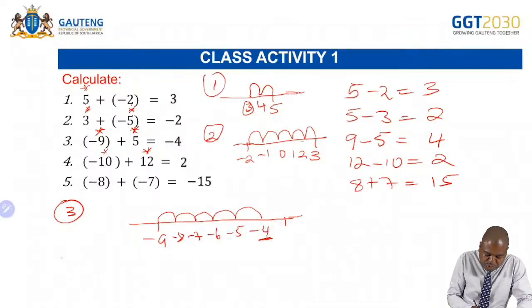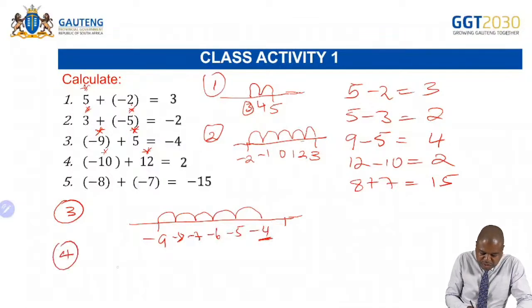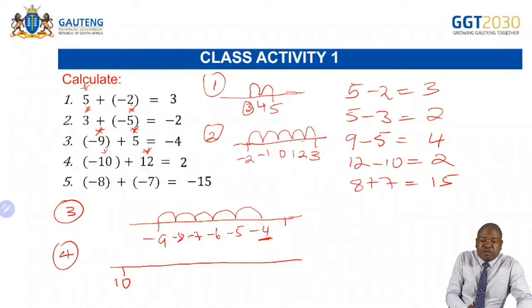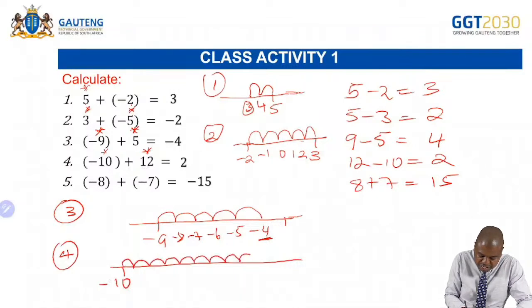And with number 4, we're going to start at -10. Then we move 12 units to the right. We're going to move 1, 2, 3, 4, 5, 6, 7, 8, 9, 10, 11, 12 until we end at 2.